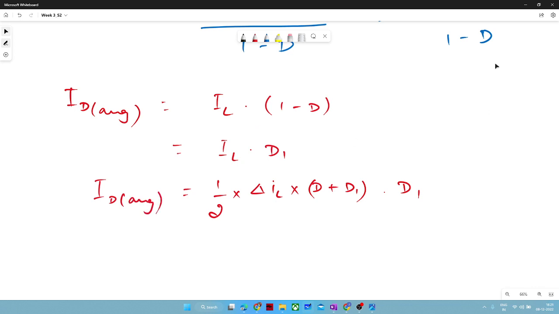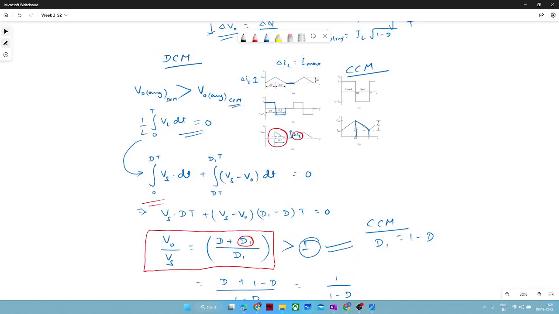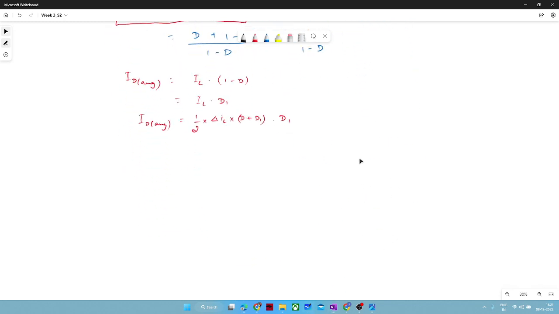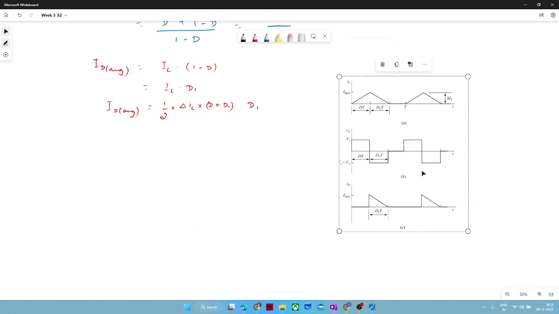Or let me bring back that graph. So this was our graph for DCM. We know, right? If we need to equate ID average, we need to know this del IL.